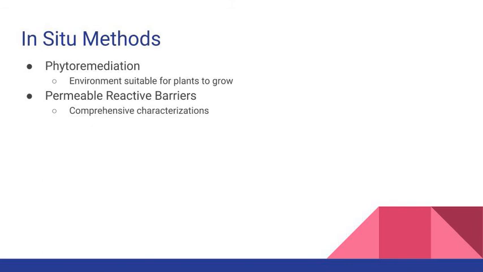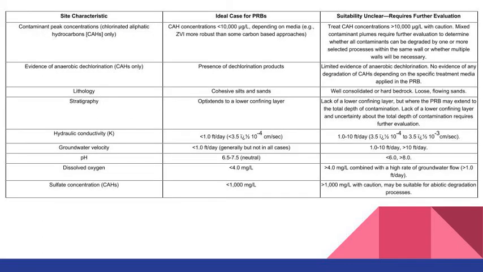PRBs are designed to provide adequate residence time in the treatment zone for the degradation of all toxic contaminants. And there are very comprehensive hydraulic factors affecting PRBs, and we can see a table of site characteristics and the solution. And we can see here the ideal PRB varies along with characterizations.